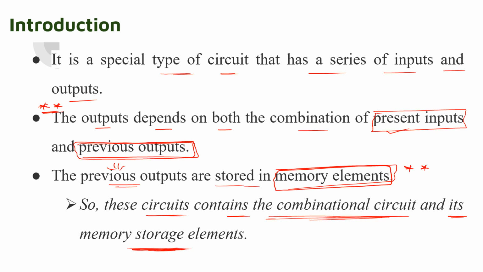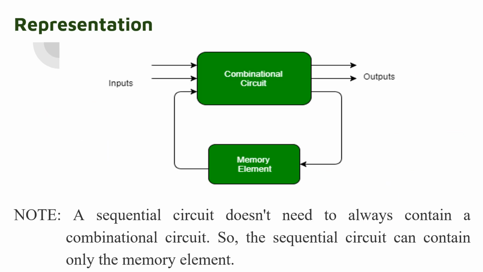Now I will represent the sequential circuit. As earlier, a combinational circuit consists of some series of inputs and outputs. For storing previous outputs, as I discussed, there is a need for a memory element.